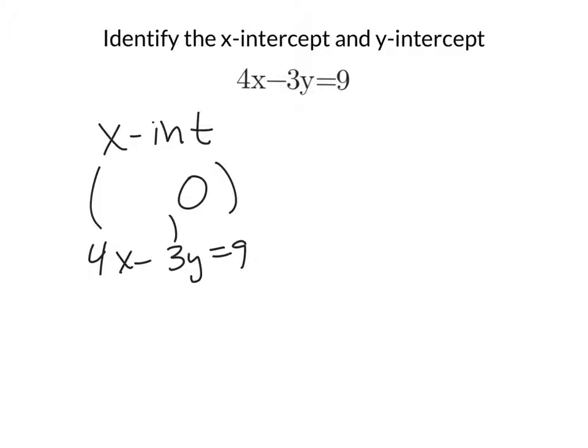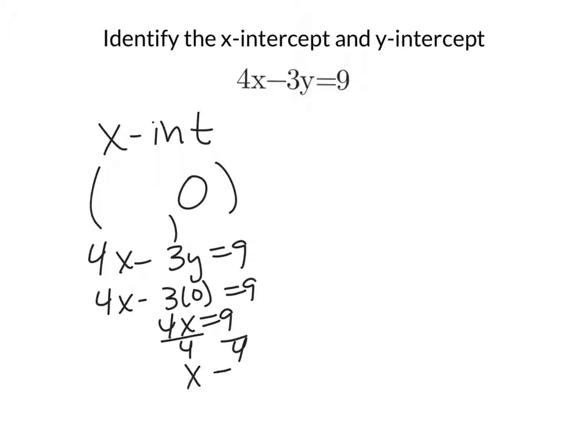So we would have 4x minus 3 times 0 equals 9. Then 3 times 0 is 0, so we'd have 4x equals 9. Divide both sides by 4, and we get that x is 9/4, or if you want to call that 2 1/4, that's fine. So the x-intercept is 9/4 because the line crosses the x-axis at the point (9/4, 0).